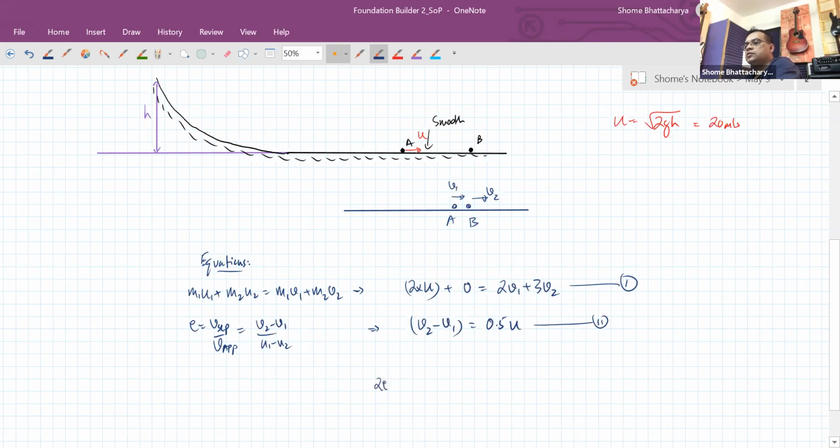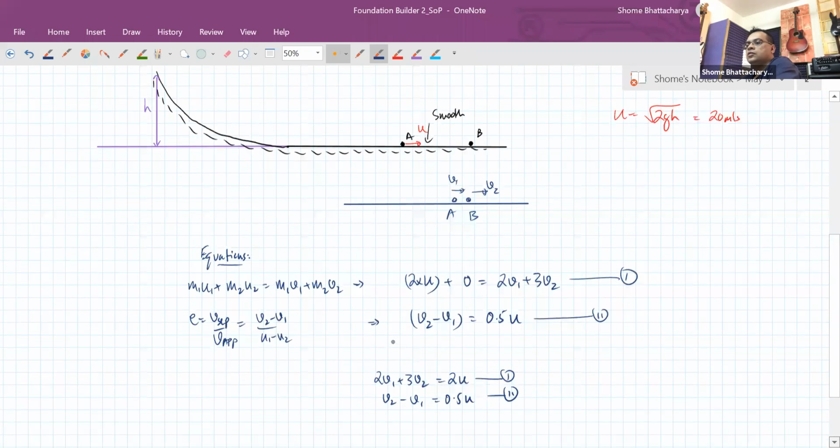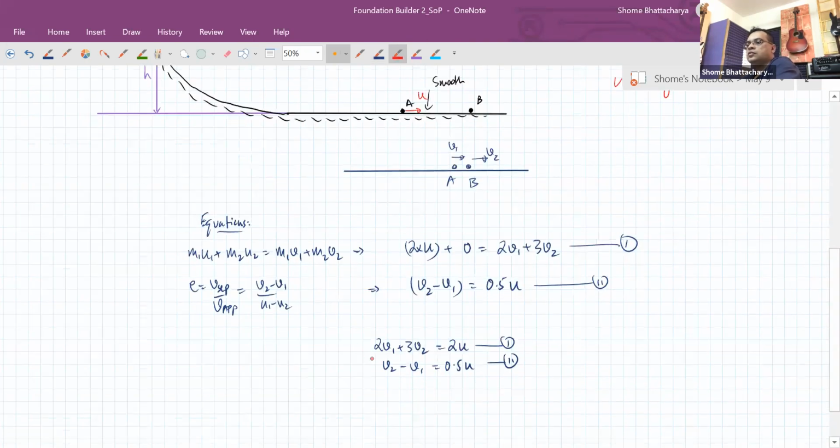So we just multiply this equation by 2 and add the two.